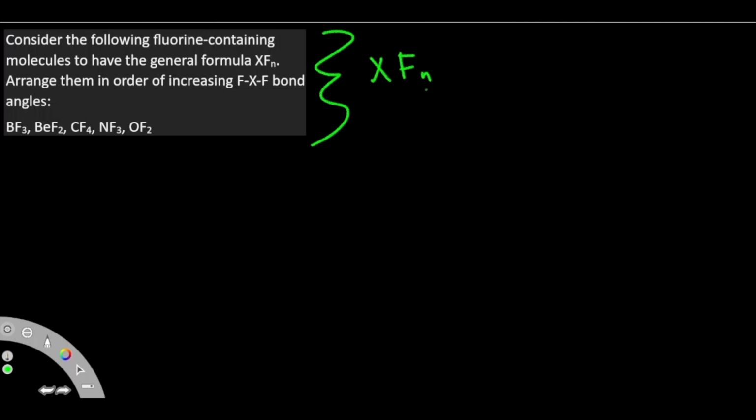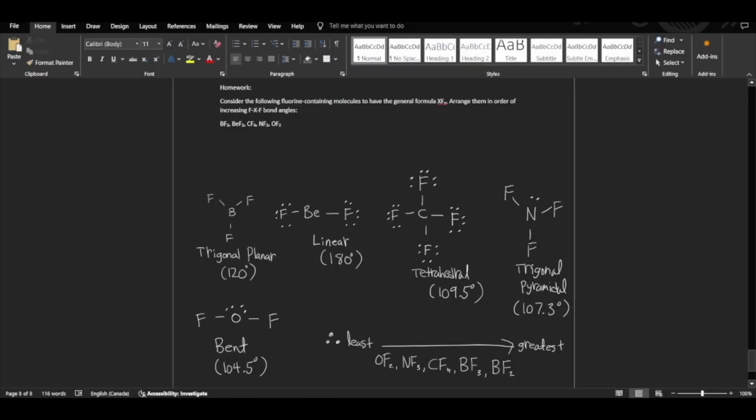In case you're confused of what the FXF stands for, that just means our AX bond angles. So right over there we have BF3, this here we have BeF2, this one is CF4, this one is NF3, and this is OF2. Give this a try on your own, and I will give you the answers shortly. This is the answers.